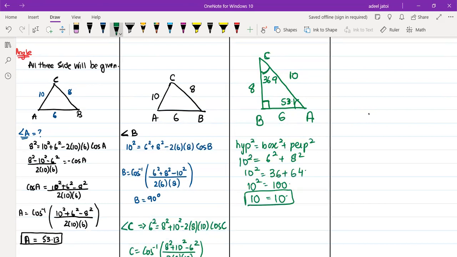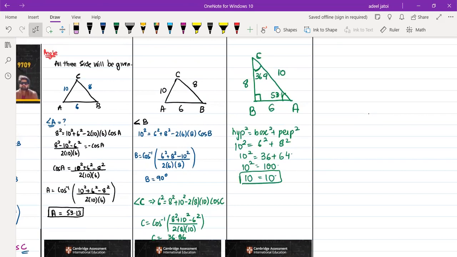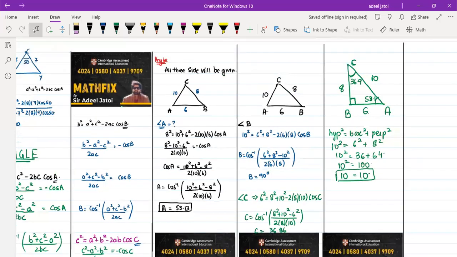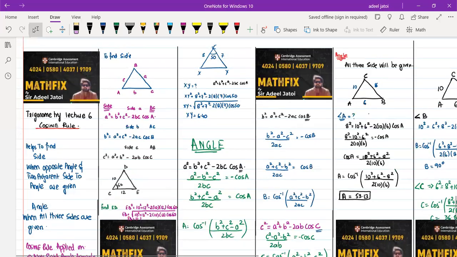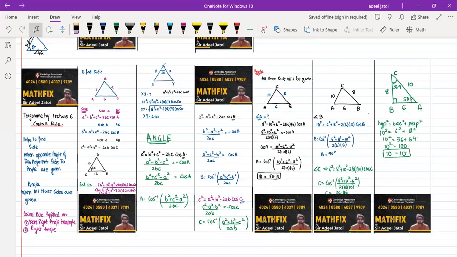So considering that this non-right angle triangle, with the example of the cosine rule, was shifted to 90 degrees, this was just to give you an example that your right angle triangle and your non-right angle triangle can both apply the cosine rule initially, but normally in the right angle triangle we use trigonometric ratios.